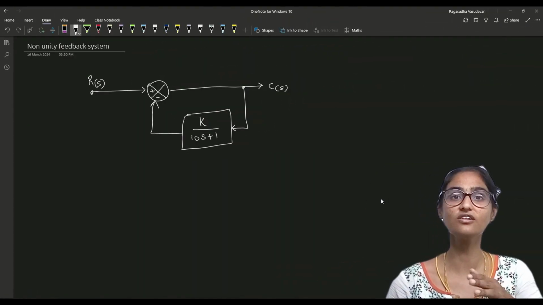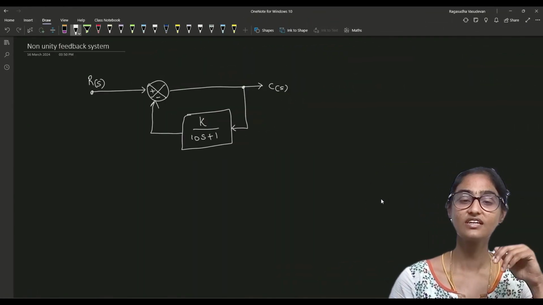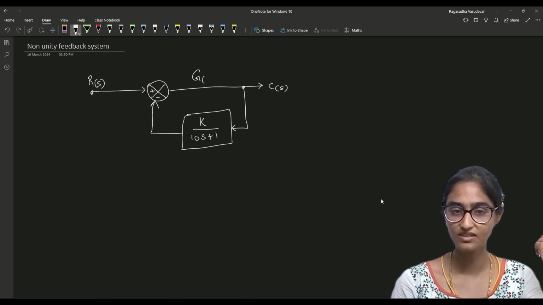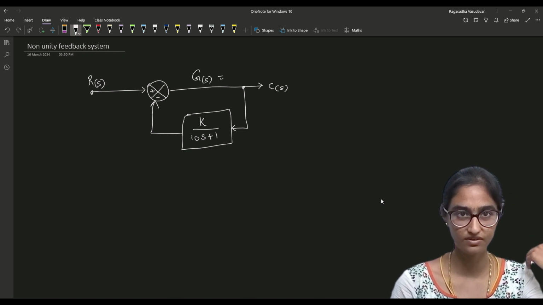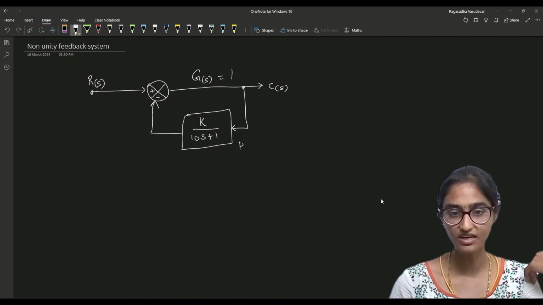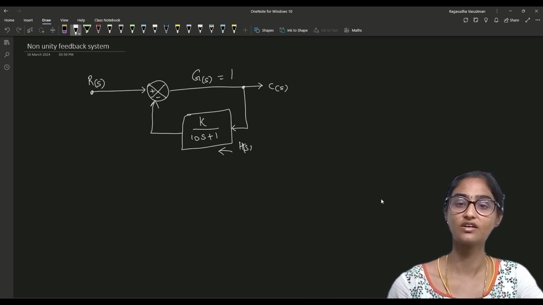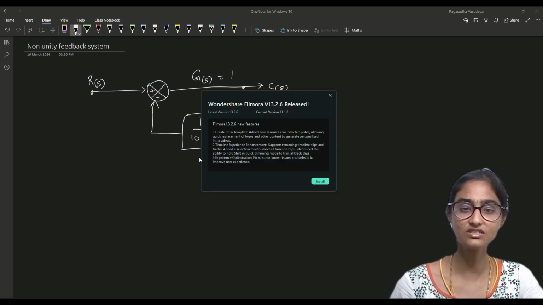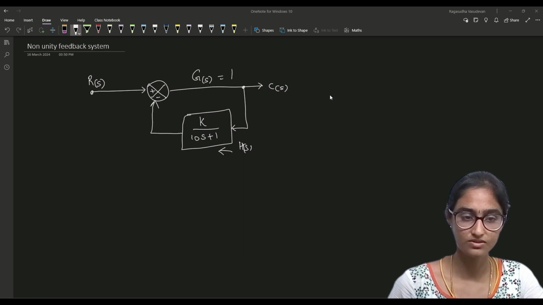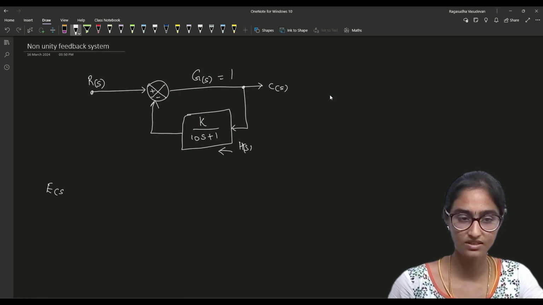Consider this non-unity feedback system. Here we have the open loop transfer function G of s as 1 and H of s is this. In this case, what is the error term? We can find out the steady state error. So what is the E of s?